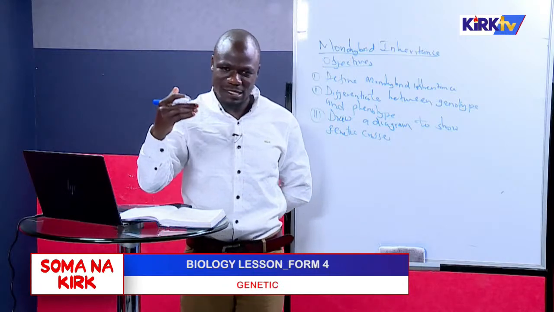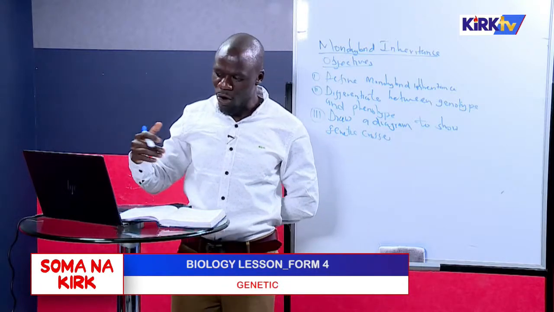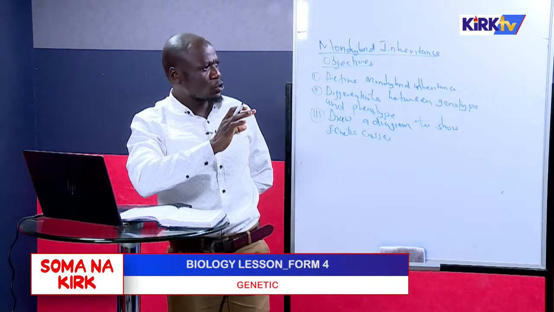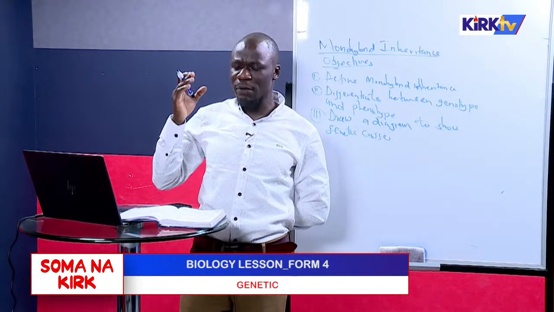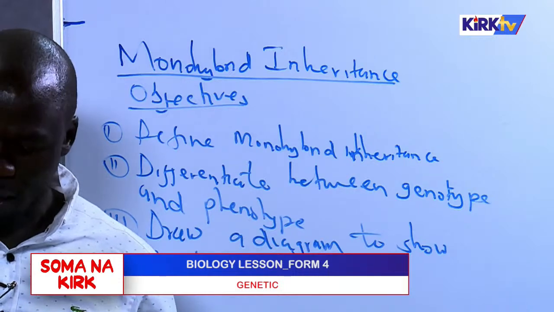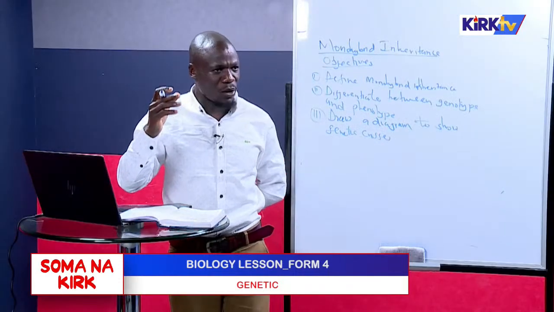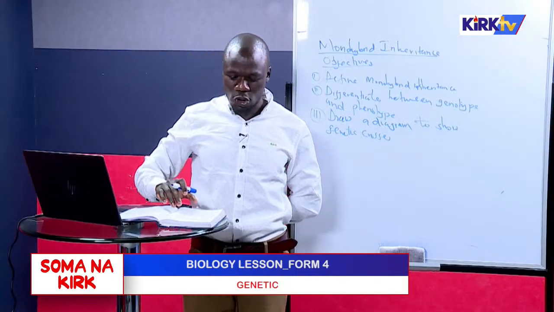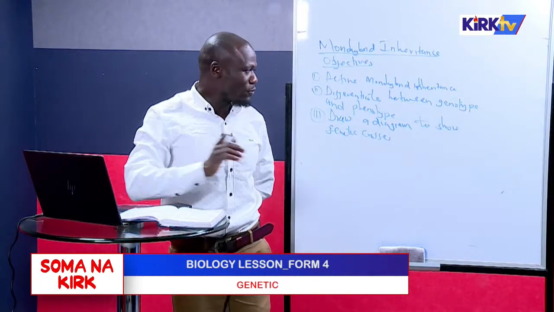For them to be passed from a parent to the offspring, we know that there is one that is supposed to come from the male side and one from the female side, and they must be passed in pairs. That is why I am referring to monohybrid inheritance as the passage of a single characteristic controlled by a pair of genes.